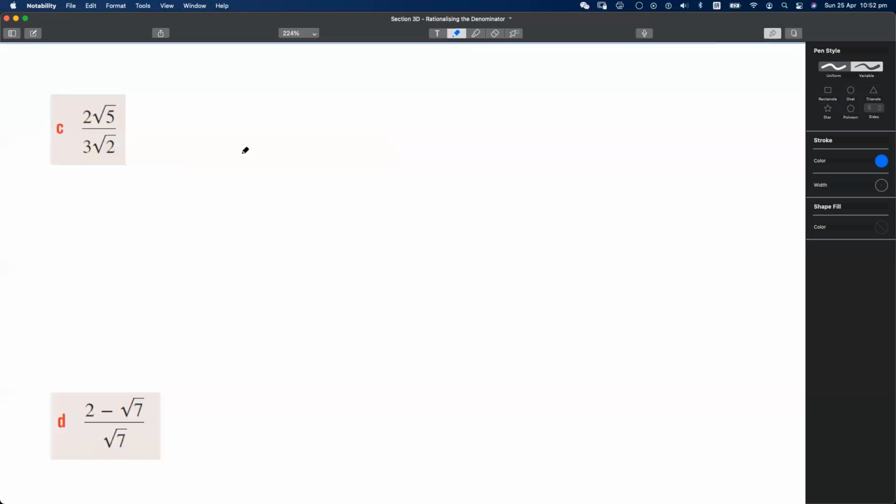All right, C, 2 root 5 over 3 root 2. So I'm going to times root 2 again. I don't have to times 3 root 2 because root 2 would sufficiently make this rational. So 2 root 5 times root 2 on the top, and 3 root 2 times root 2 on the bottom.